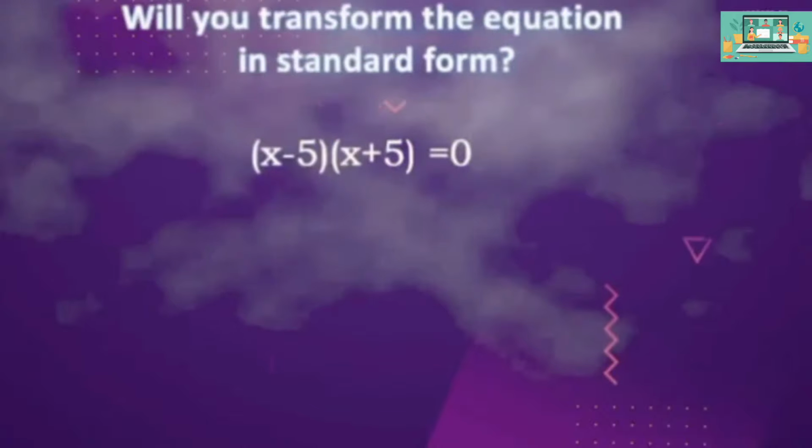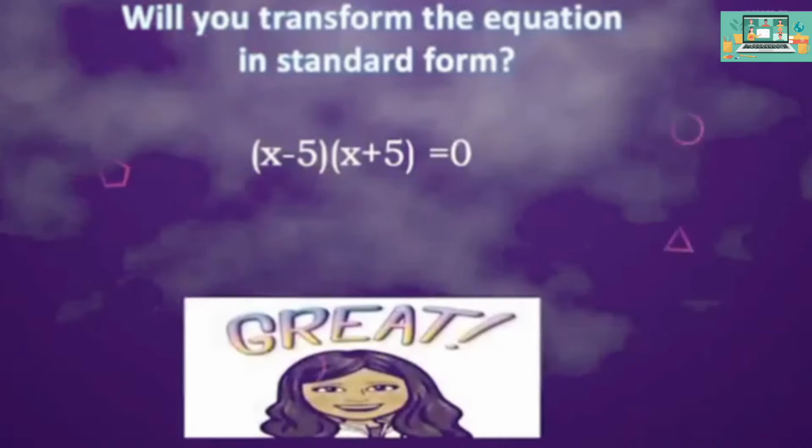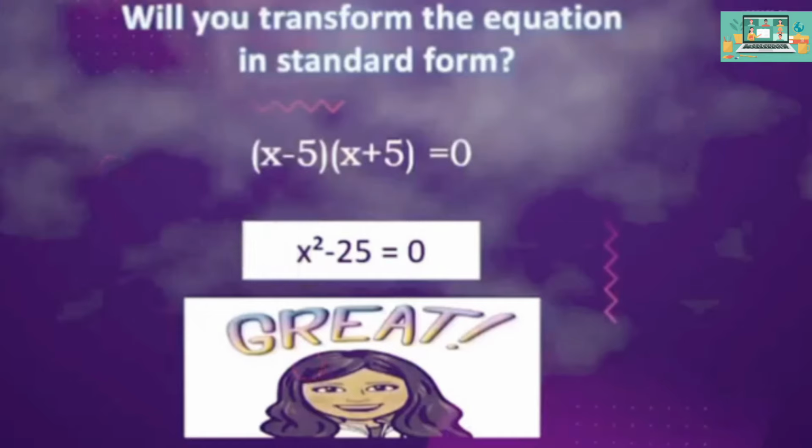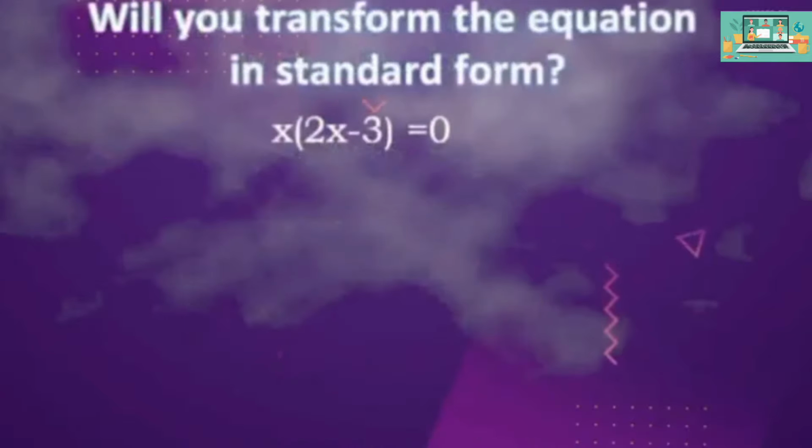Will you transform the equation x minus 5 times the quantity of x plus 5 equal to 0 in standard form? Great! X squared minus 25 equals 0 is correct. How about x times the quantity of 2x minus 3 equals 0?